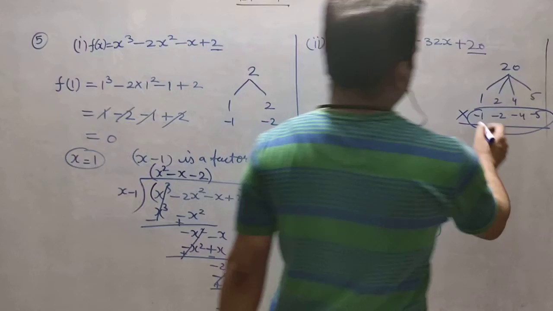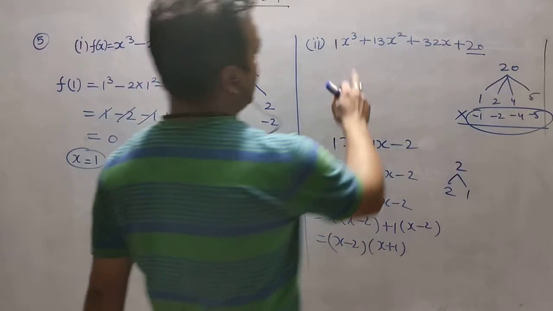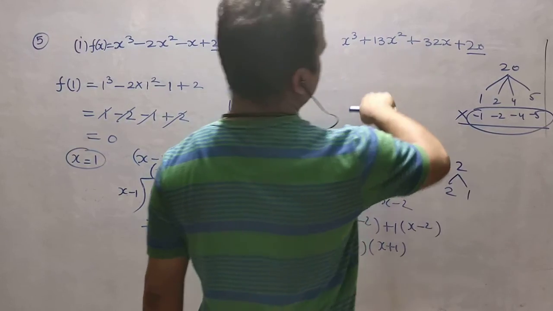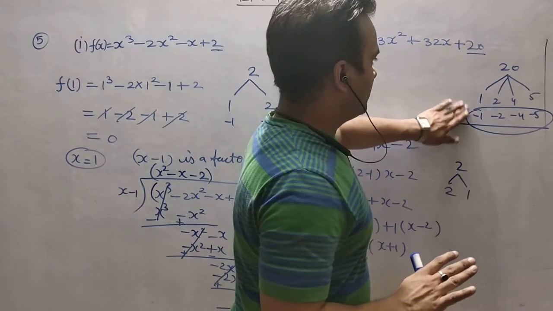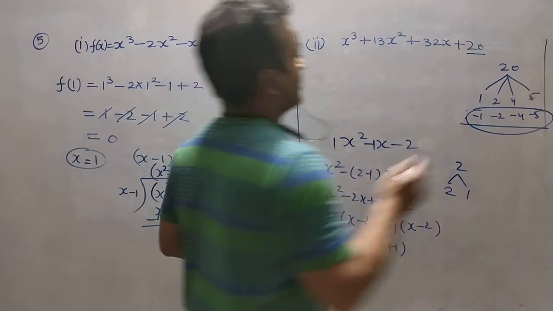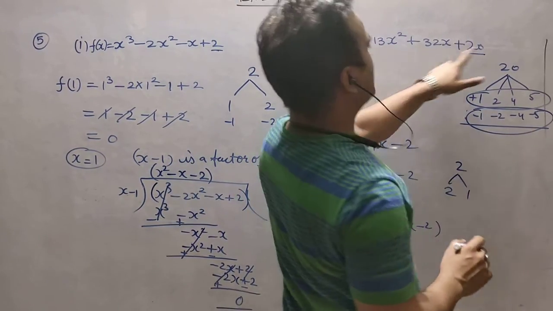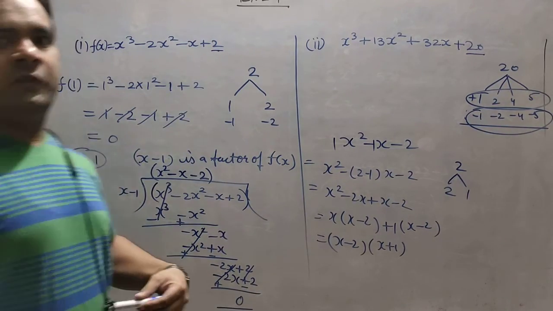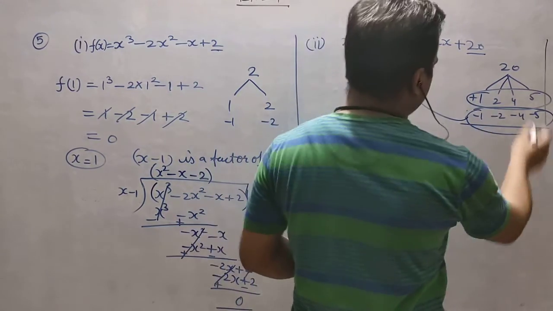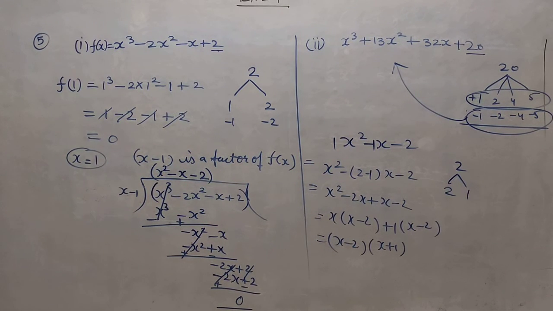But in this case the plus value cannot be the root, because if you put a plus value here, it will give you a greater, positive value, but a minus value will be responsible for making it 0. So the factor which you get by putting values will come from minus only, not plus, because everything is plus.